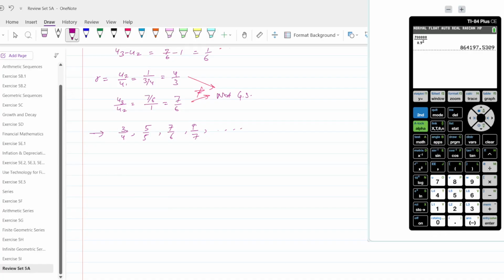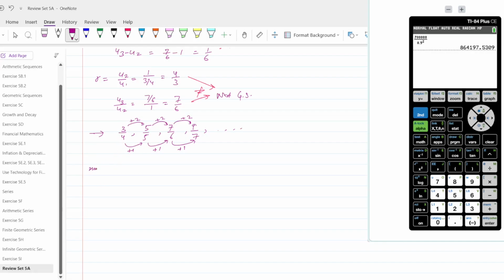Can we say that the numerator is increasing by 2 each time, and the denominator is increasing by 1 each time? Therefore, we'll have separate arithmetic sequence for the numerator and the denominator. So we'll treat the numerator as one arithmetic sequence and the denominator is another arithmetic sequence.